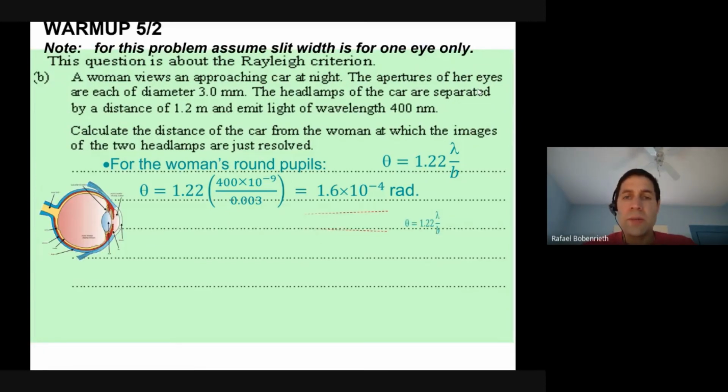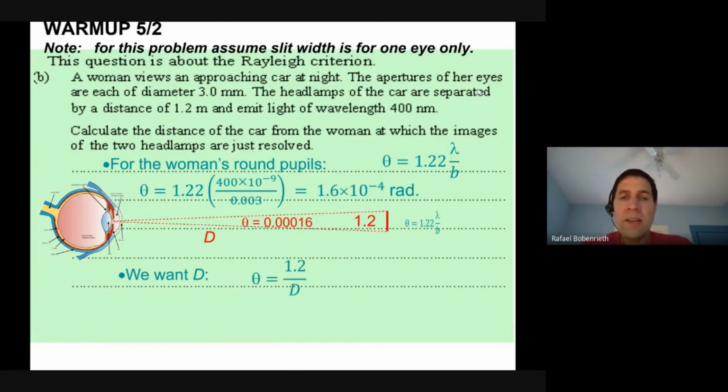Then what we're going to do is create a little drawing again. And just remember that 1.2 meters is that arc length all the way on the right. And the angle of that arc is what we just calculated, 1.6 times 10⁻⁴ radians. And so then we're just going to use the very simple geometry-based equation. D in this case would be the distance, or you could think of it as the radius of that big circle that we've talked about.